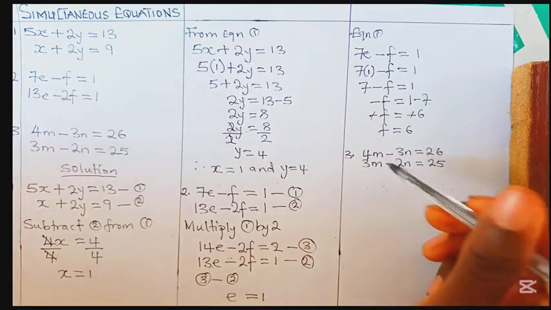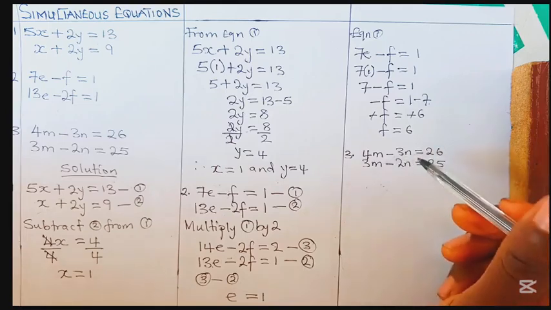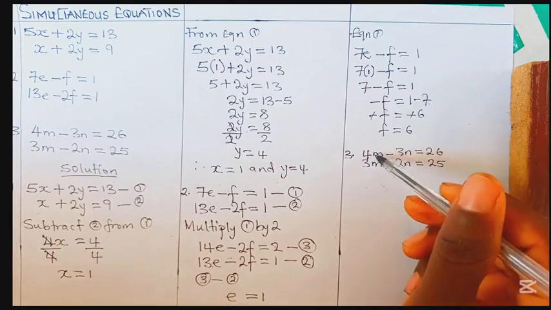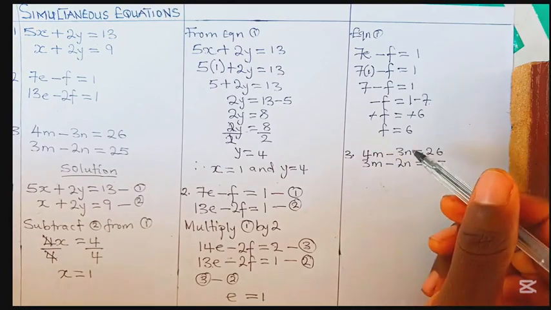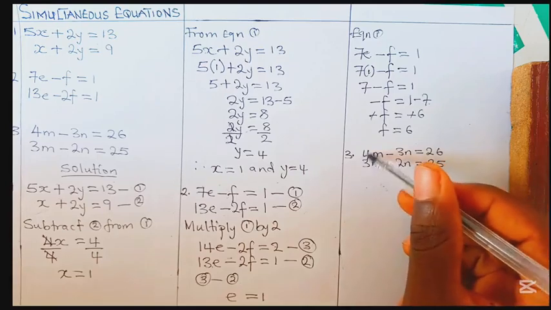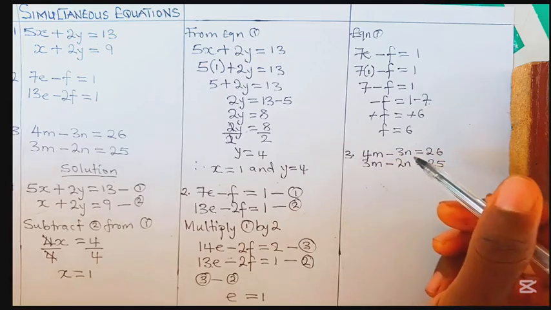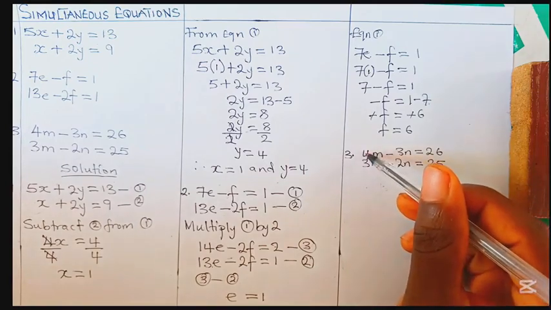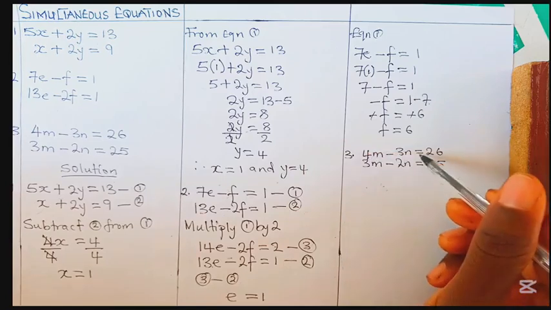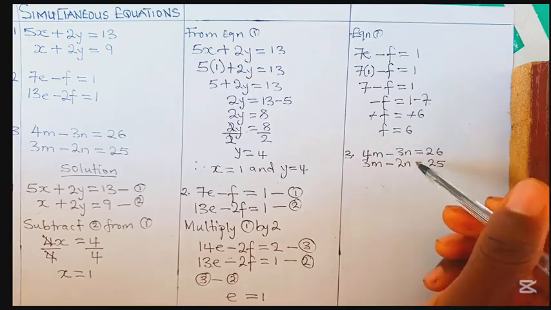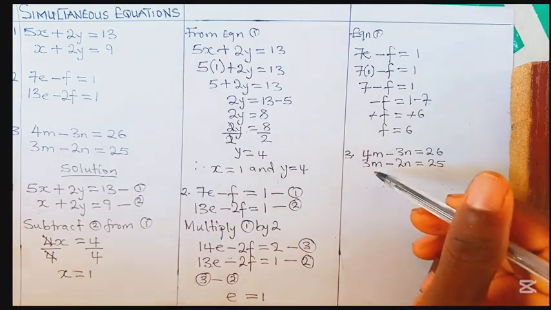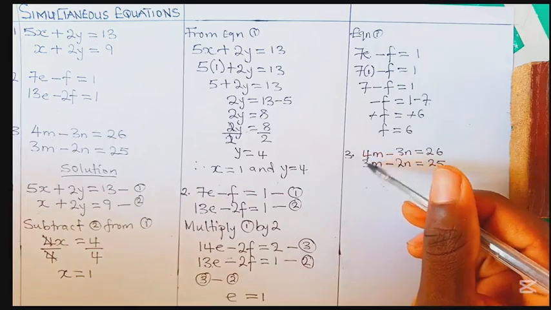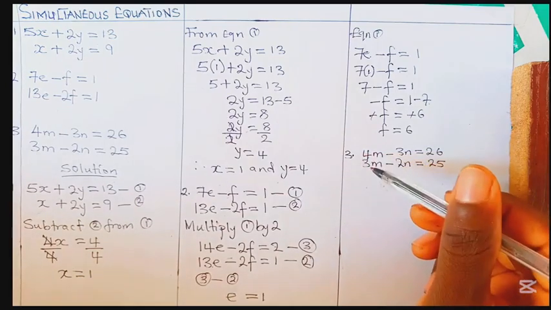Any variable can be eliminated, but let's eliminate m. So to eliminate m, we must make the coefficients the same. In this case, we must multiply 4 by a number and multiply 3 by a number so that we have the same coefficient, because there is no number that we can multiply 3 by to give us 4.